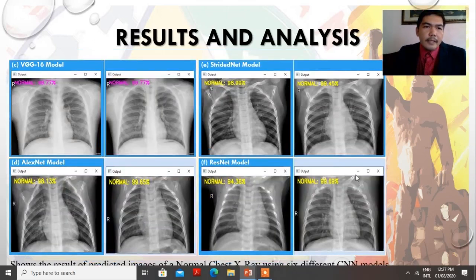So these are the output of VGG16 model, the AlexNet model, the StridedNet model, and then the ResNet model. So it shows the predicted examples of normal chest X-ray using the 6 different models or 6 CNN models.